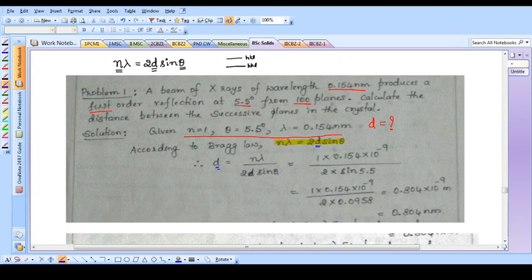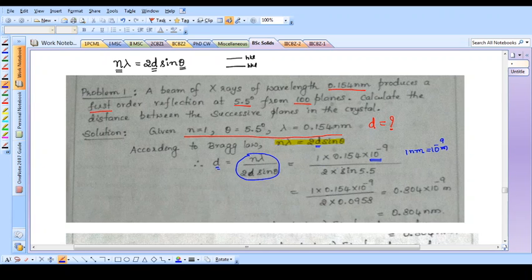Since all the values are known here, let us substitute 1, that is n, into lambda. Remember, lambda is given in nanometer, which has to be converted to meter. So 0.154 into 10 to the power minus 9 meters. Remember, 1 nanometer is 10 to the power minus 9 meter.